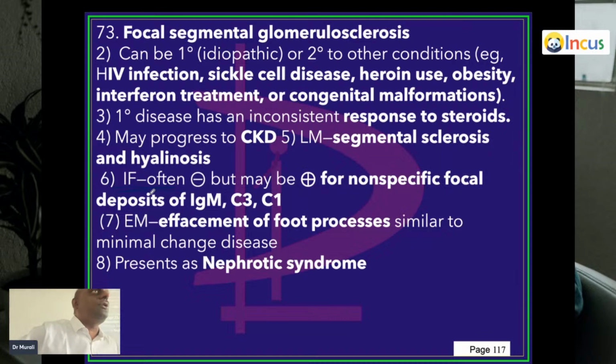nephrotic syndrome. What are the 3 conditions, tell me? Minimal change disease in children, most common. Membranous nephropathy in adults, most common. And what else? FSGS.